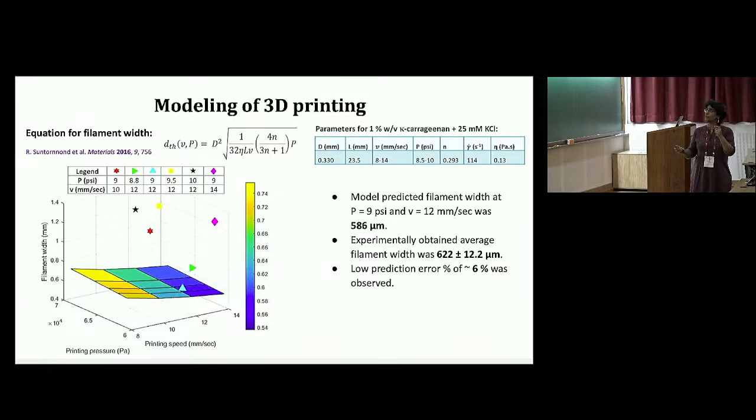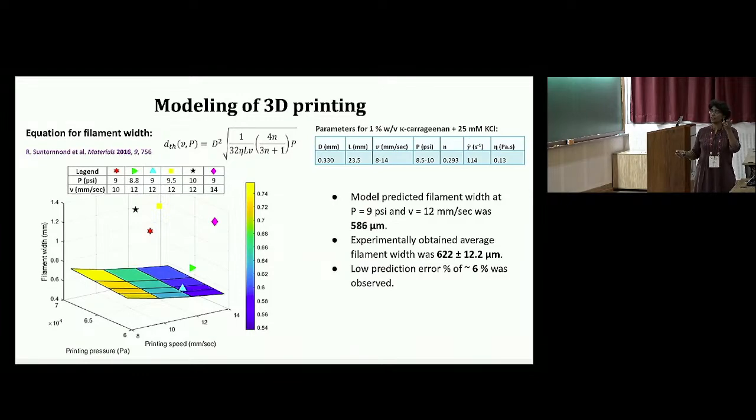So with these parameters, some which we know, some which we have measured, and some which we did in the experiment, we plotted this surface, and we could see that the 9 and 12, which were our optimum conditions in experiments, were very close to the surface.